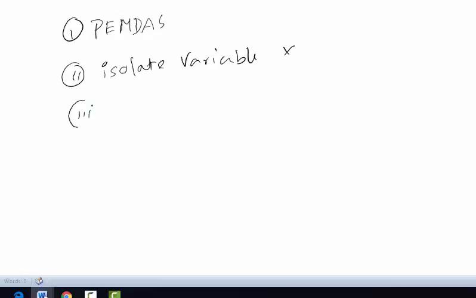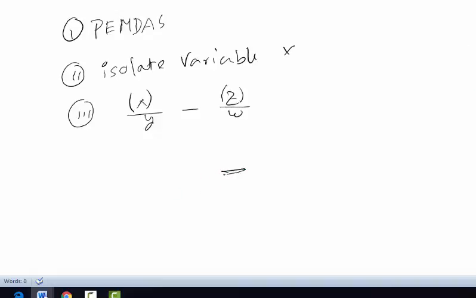Number three is, when you have a fraction bar like this, we have to pretend that there is a parenthesis in the numerator of the expression. So try more examples and master the topic.